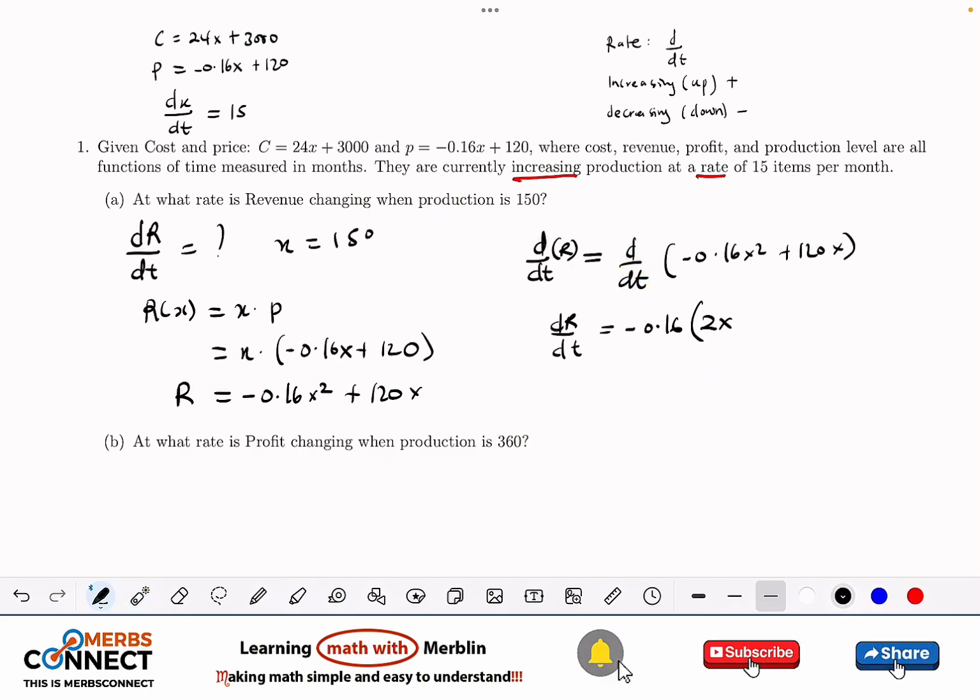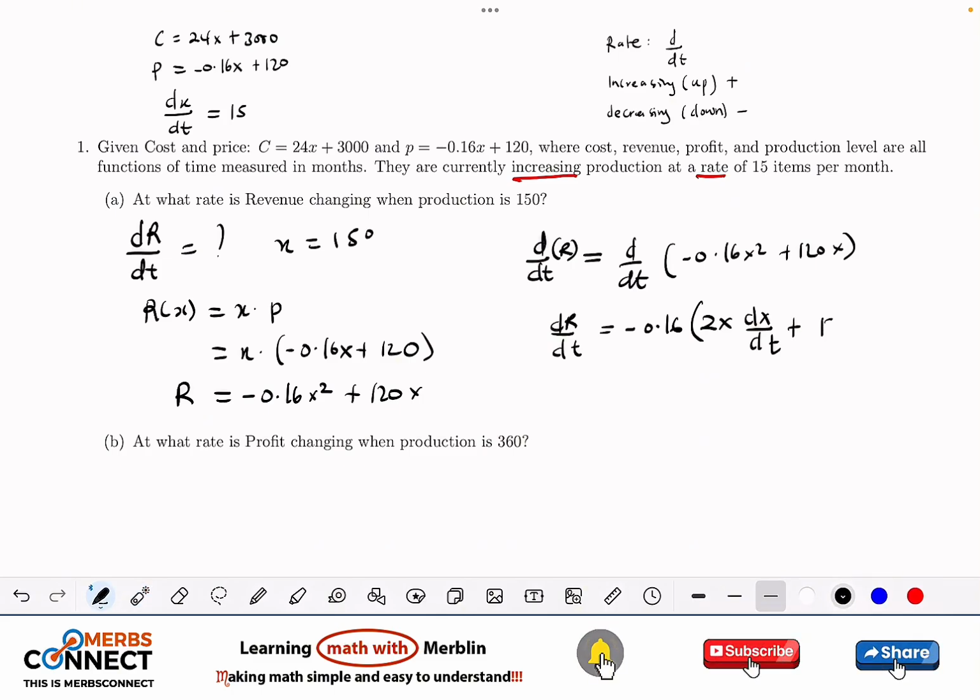So we need to multiply this one by dx over dt. Yes, we need to multiply it by dx over dt. If we are differentiating this one with respect to x, then when I multiply it by dx over dx, it will be 1. So since we are not differentiating with respect to x, we need to multiply it by this quantity, which is given to us here, the dx over dt.